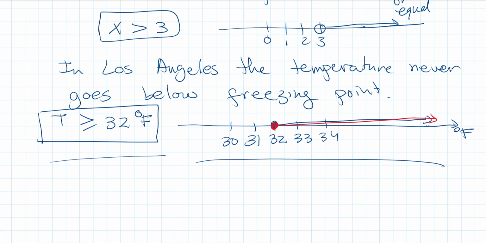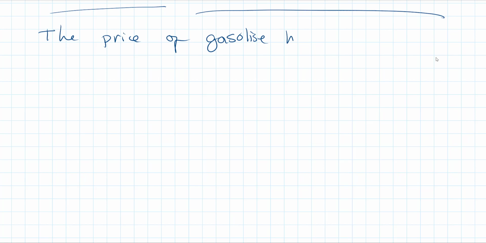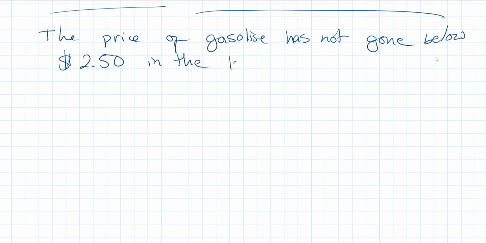Let's look at another quick example. For instance, the price of gasoline has not gone below $2.50 in the last 10 years. That's true at least for Los Angeles. Can we write this out as a mathematical expression?